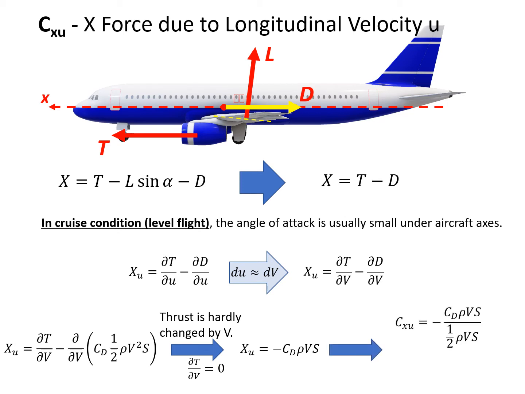The denominator is half rho V S. So eventually we have this relation, Cxu equals minus 2 times Cd. So it becomes more straightforward, more concise. The x force change due to longitudinal velocity is minus twice the drag coefficient of the wing. So this is what we have for Cxu.